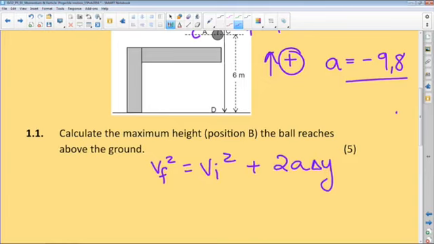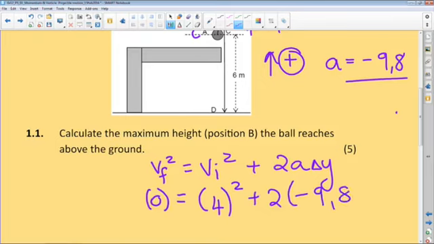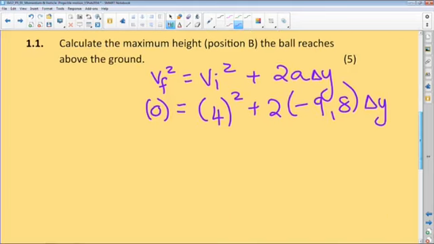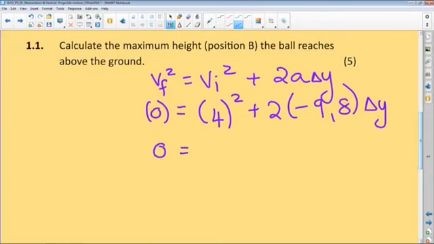Vf squared is nice because it's 0. Vi is 4, and it was going up. Now watch here, I said up was positive, so this is minus 9.8 times delta y. Very important here. That's 0. 4 squared is 16.